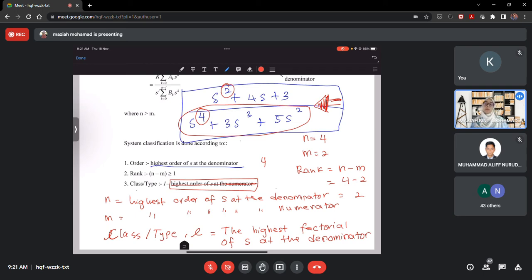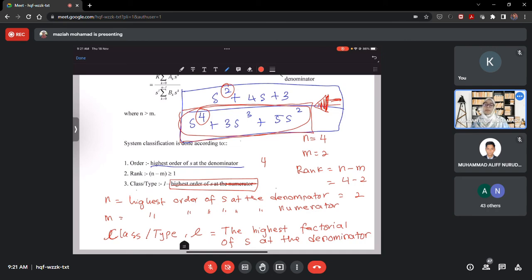Meaning we look at the denominator and factorize, factoring out the S. What will be the highest order?